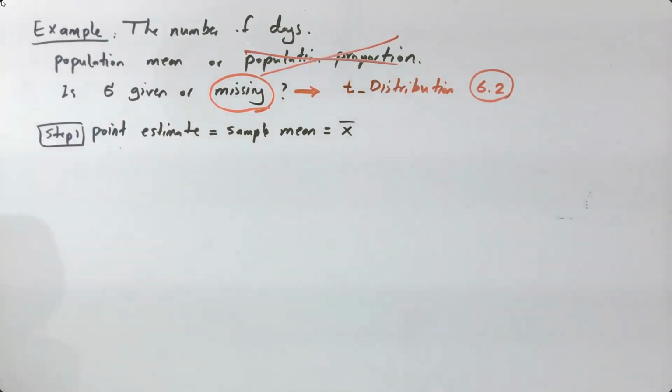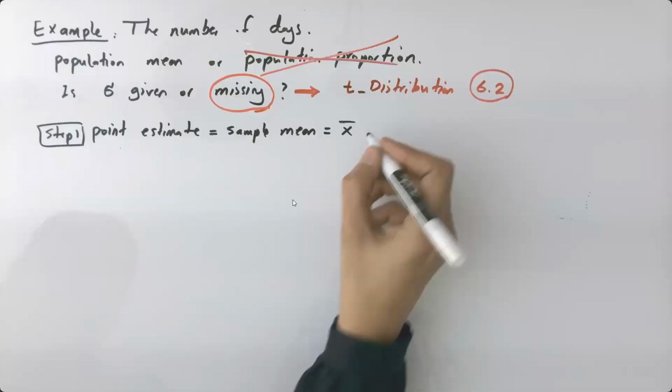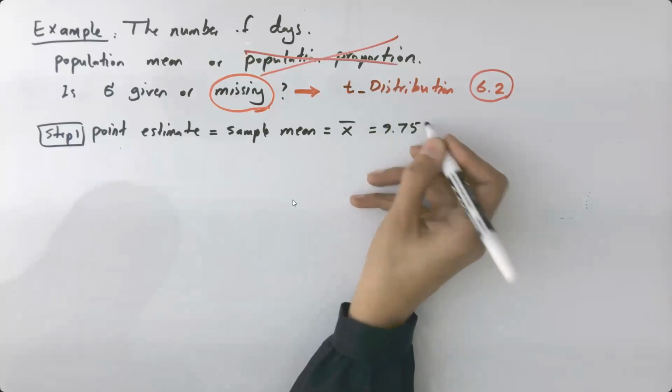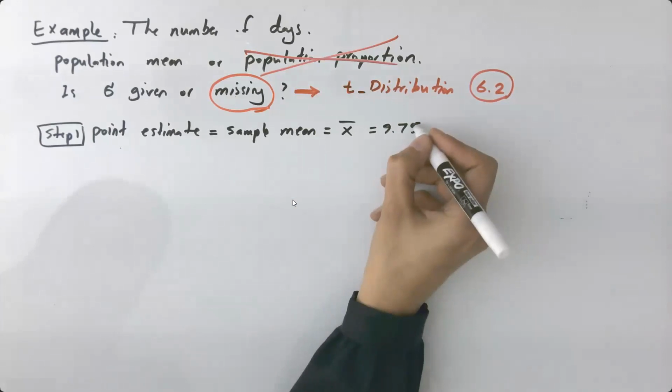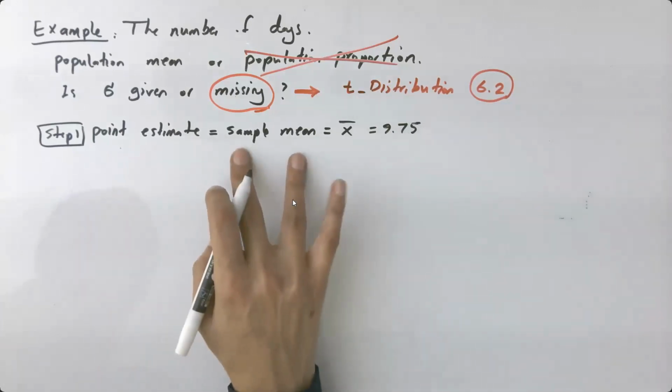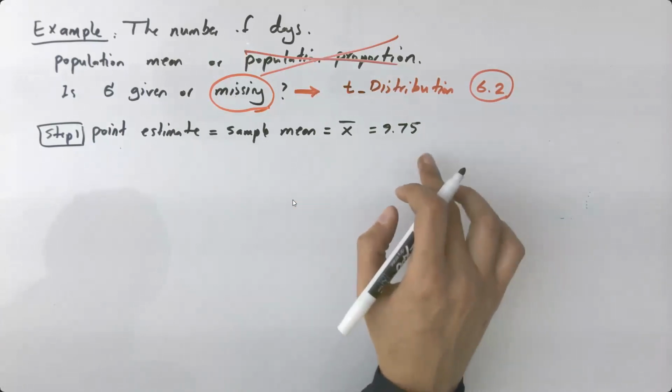What is your sample mean? How do I find it? I need to read the question carefully. The sample mean is 9.75 days. I found my point estimate. Point estimate in this case is sample mean, which is denoted by X bar, 9.75.